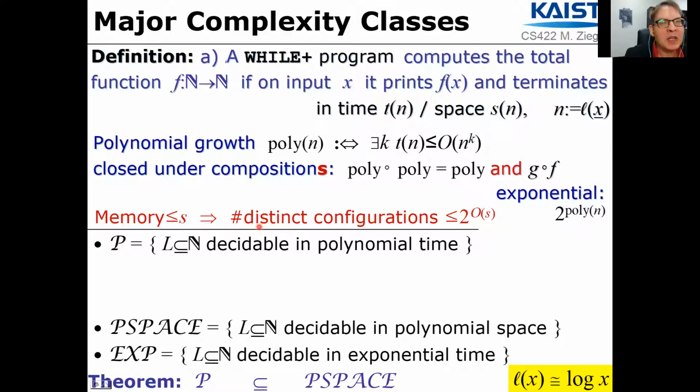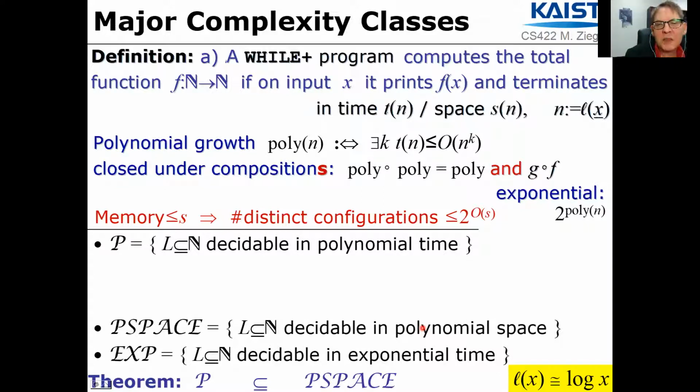will keep repeating indefinitely. So any while-path program using at most S memory cells that, for some reason, encounters more than 2 to the O of S memory configurations is already trapped inside an endless loop and will continue computing forever, which raises a contradiction, because for the problems we consider here, running in polynomial time or polynomial memory, any such computation is required to eventually terminate according to our definition.